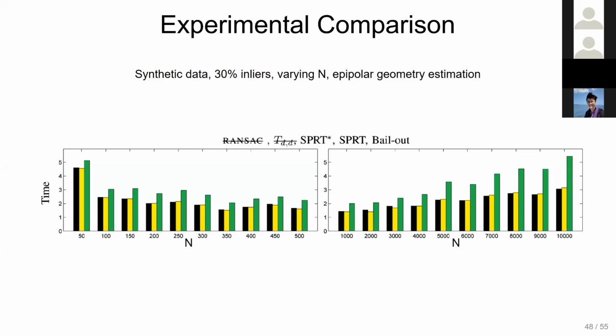Here we can see the black column is the theoretic estimation, where we know exactly what is the ratio of inliers. The yellow bar is the realistic implementation, where the number of inliers is estimated from the so-far-the-best sample, and bailout test.